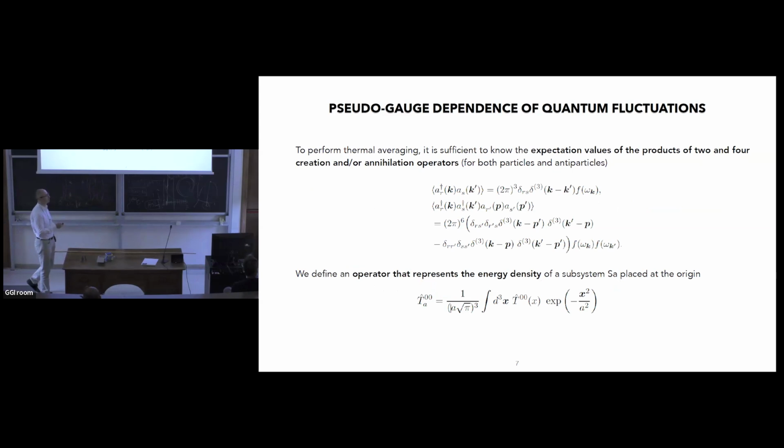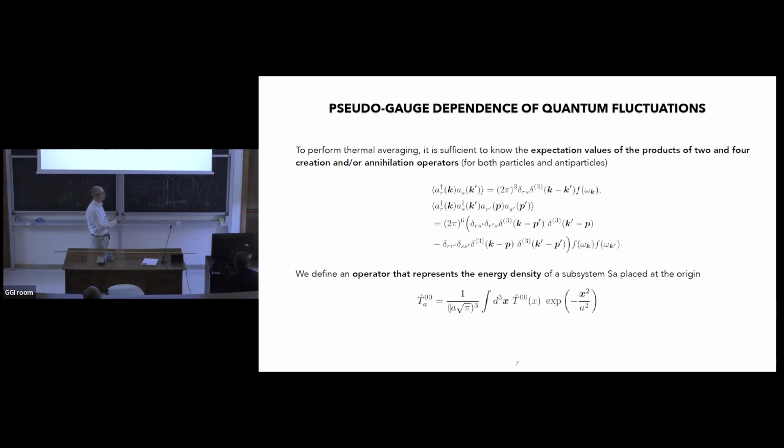For that, you just need to know the averages of these products of annihilation and creation operators. These are sufficient to calculate the thermal averages needed for the fluctuations. And now you also define the operator that will represent the energy density.